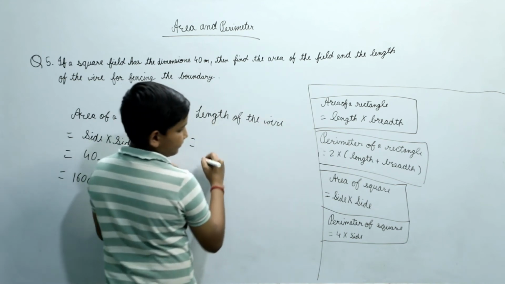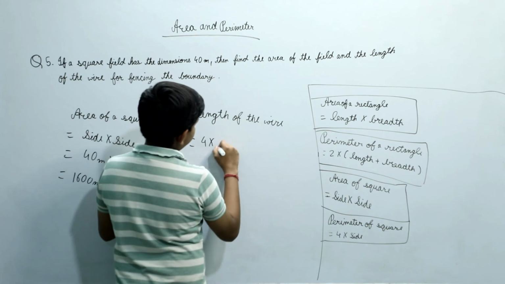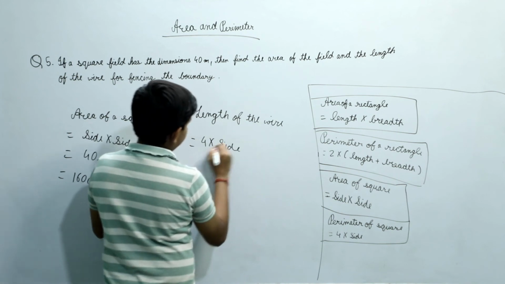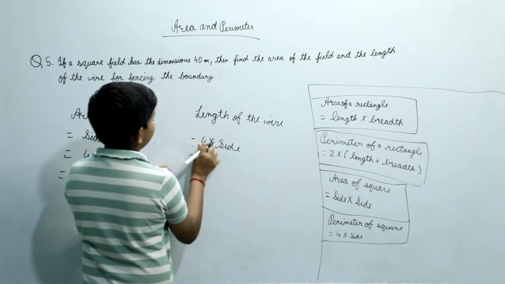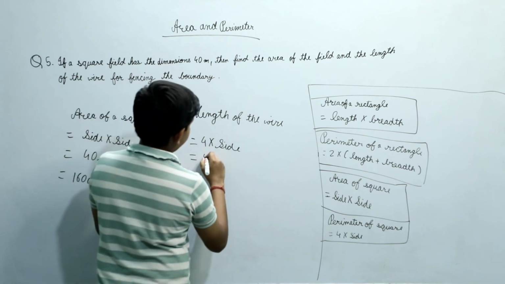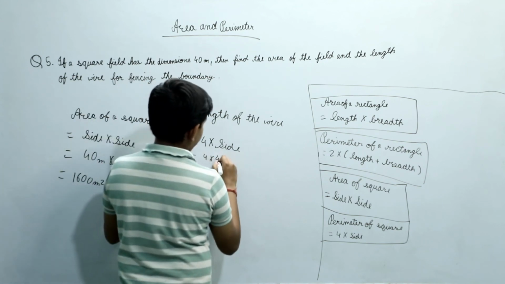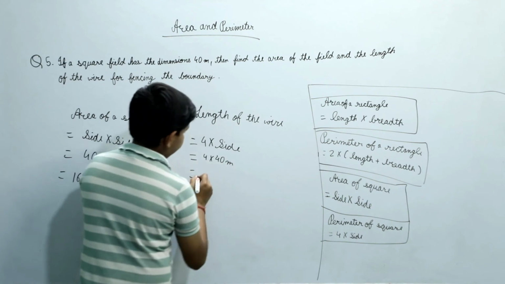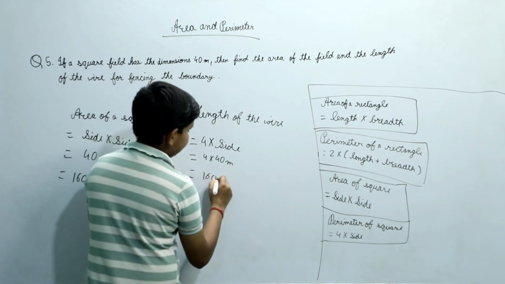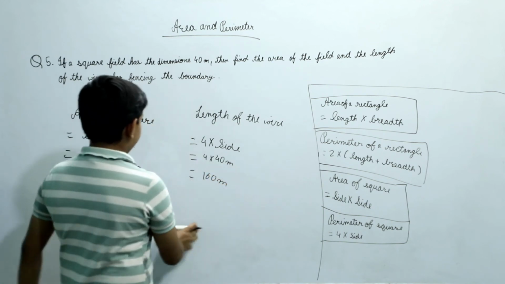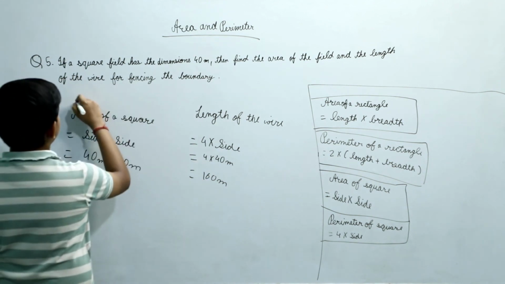we use 4 into side. We will rewrite it as 4 into 40 meters equals 160 meters. I don't have space, so I will write over here.